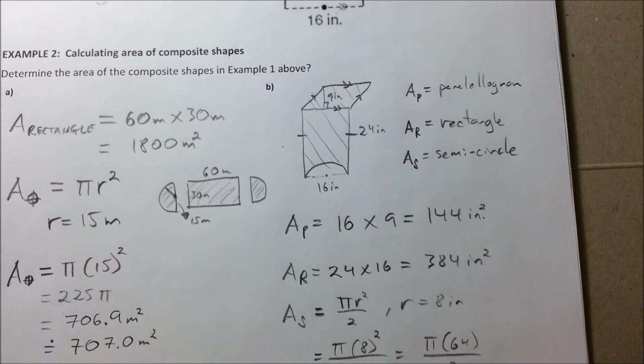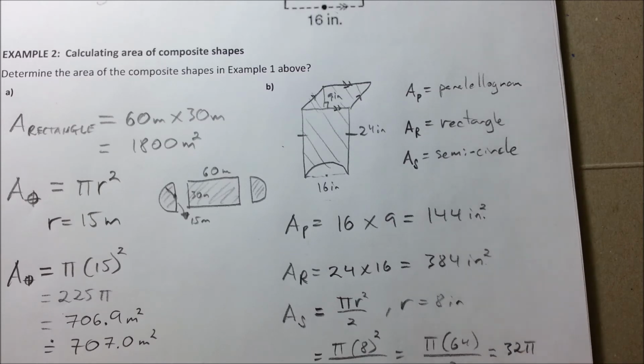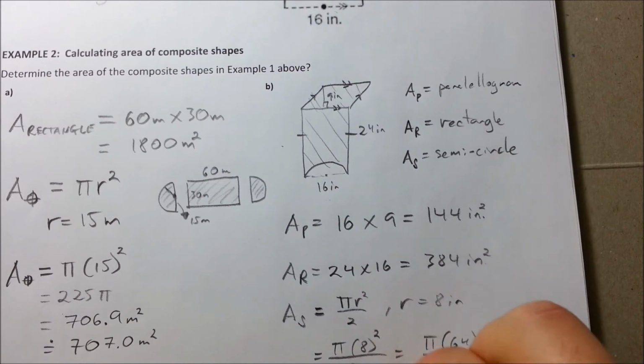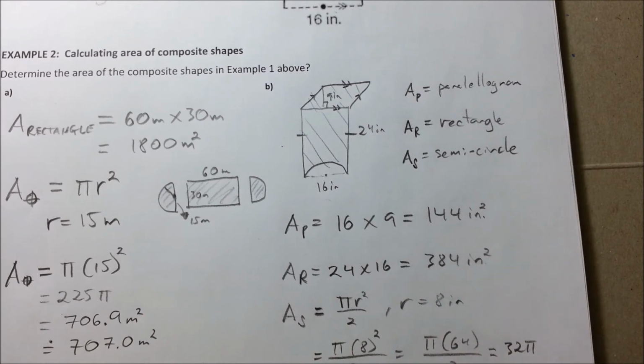Now we can simplify these two. 64 divided by 2 gives us 32 pi. What is 32 pi equal to? Well, 32 times pi gives us 100.5 square inches.